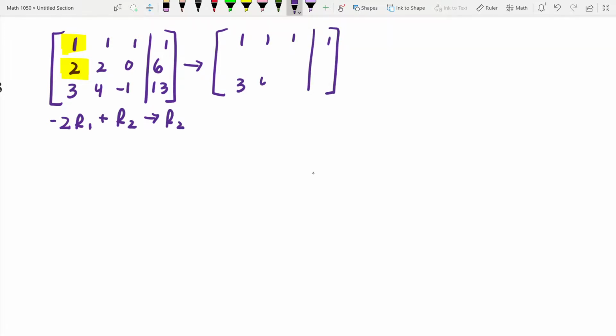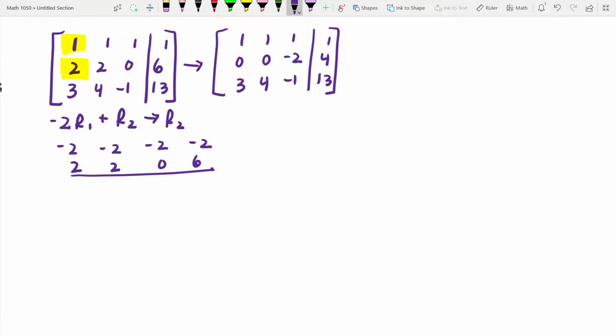Row 3 doesn't change. Take a negative 2 and distribute it across the top. And you have negative 2, negative 2, negative 2, negative 2. Write row 2 underneath it, 2, 2, 0, 6. Add those together and you get 0, 0, negative 2, positive 4. And everybody freeze right there.